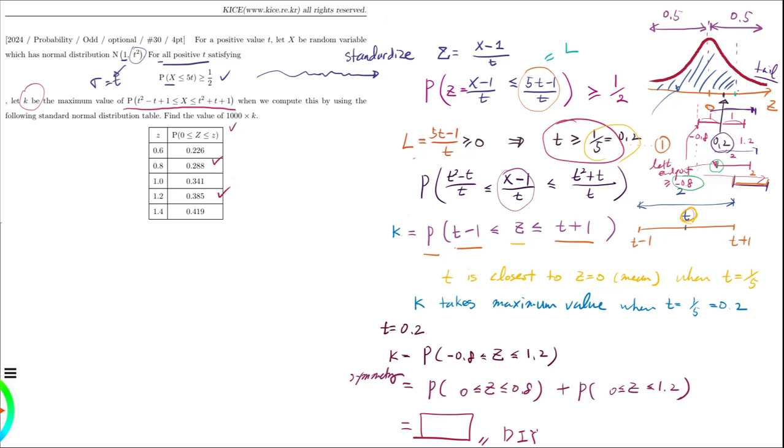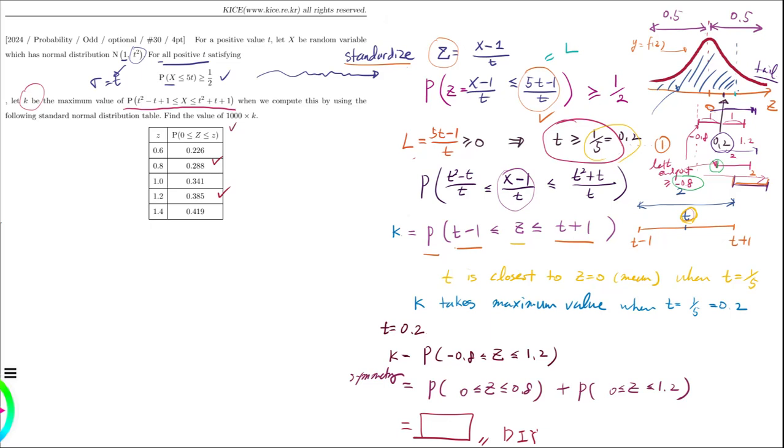This problem is rather simple. There's not a complicated setting, but we have one setting for the positive t value here, and all the things that you need to know is how to standardize the normal distribution to the random variable z, and what properties the probability density function of z has.